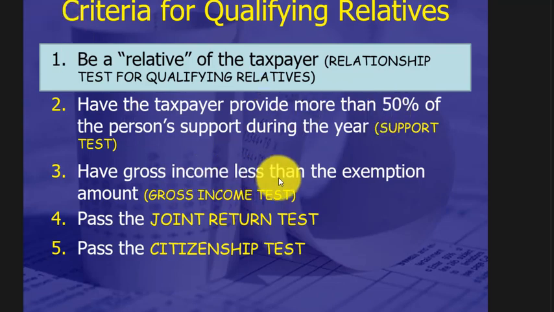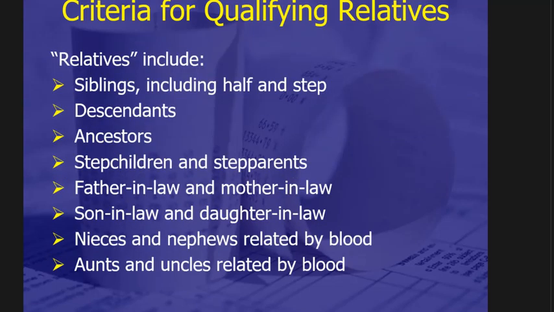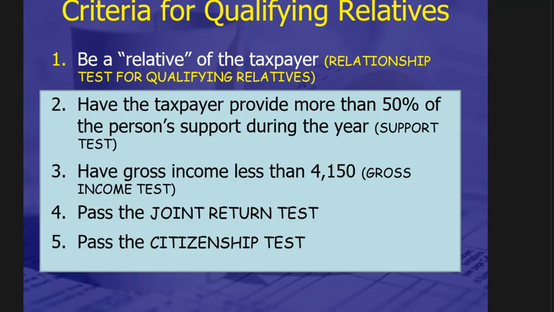This has a gross income test, where the amount, the exemption amount being zero, for 2018 is 4,150. They must also pass the joint return test and citizenship test, just like the others did. Here's who fits in the qualifying relatives. Pretty broad, but not everybody. It's somewhat limited.